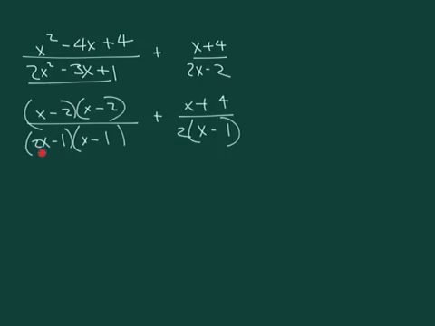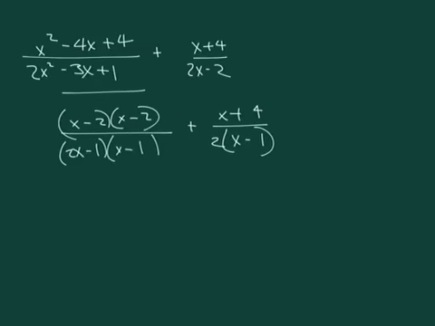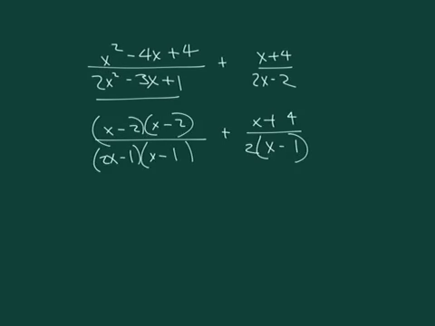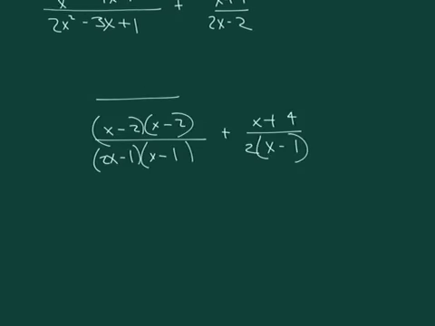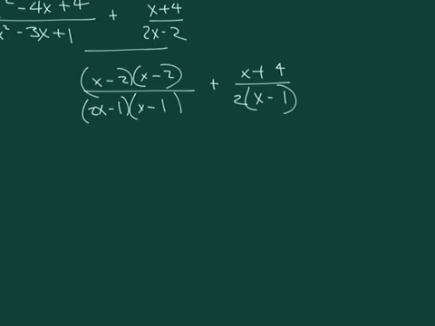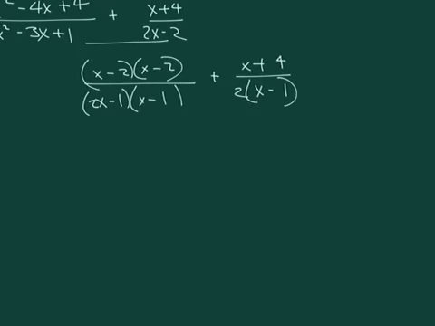So anyway, before I can add these two fractions, I have to have common denominators, and this is the way I teach it. So if you've learned this another way, that's good, but I'm going to show you a different way to do this than you probably learned. What I do is I look at what my denominators are. I've got two different pieces of a denominator here and two here, a 2 and an x minus 1.